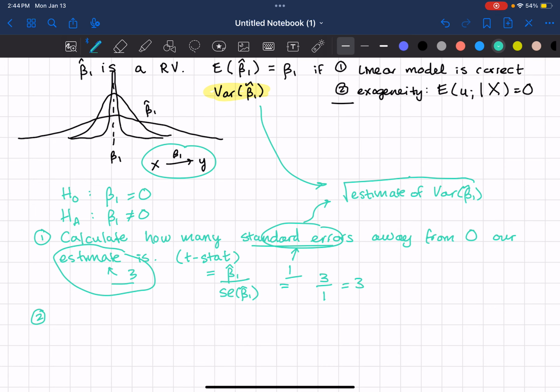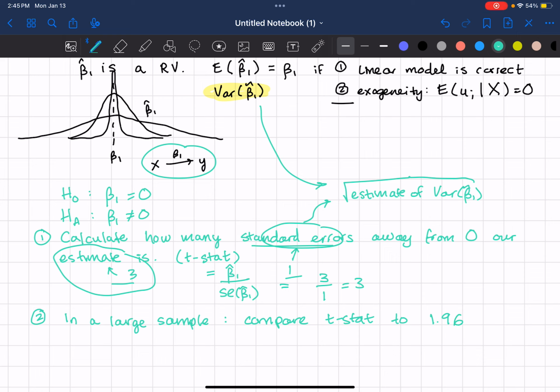And then finally, to finish up the hypothesis test, in a large sample, you're going to compare the t-stat to 1.96.